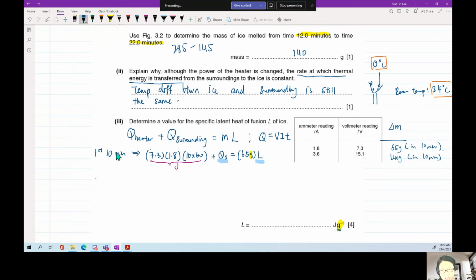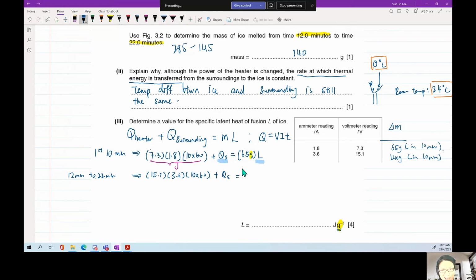So this is for the first 10 minutes, and then this is for the 12 minute to 22 minute. For 12 minutes to 22 minutes, we're going to repeat the process again: 15.1 times 3.6 times 10 times 60, or 600, plus QS.